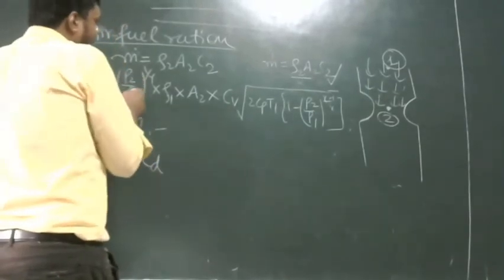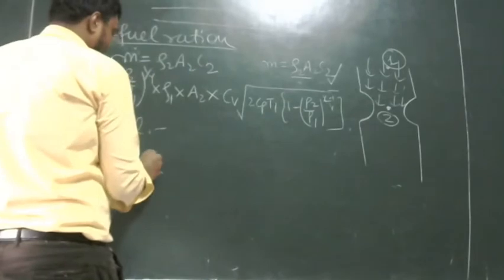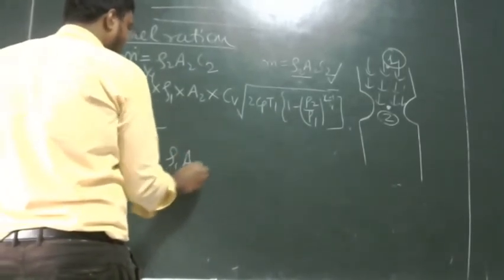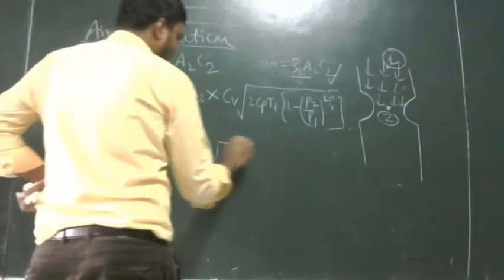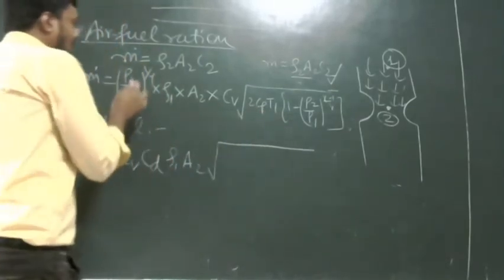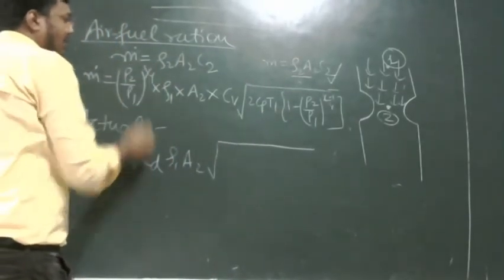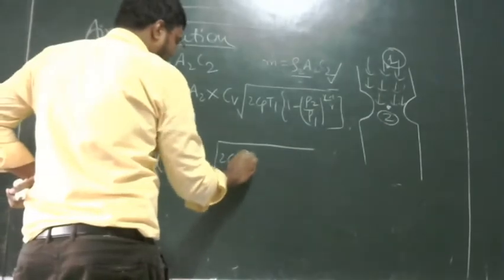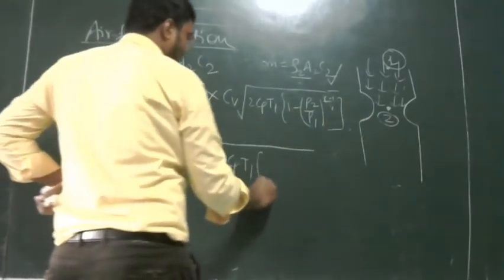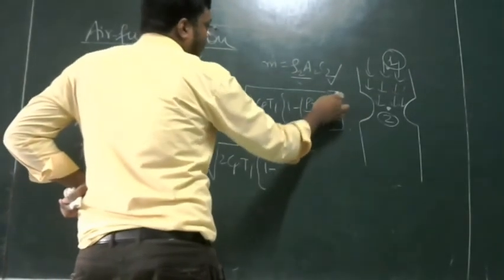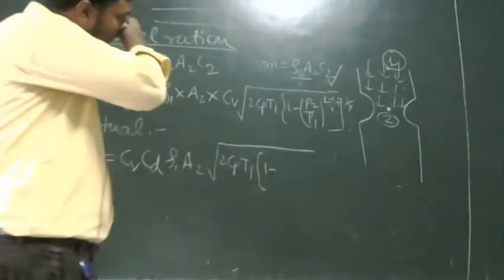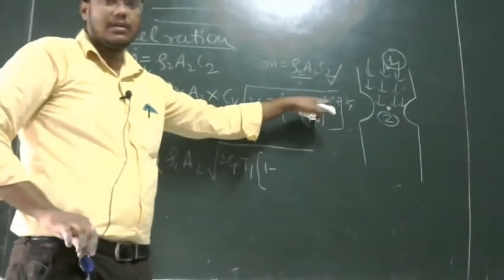And this P2 by P1 we can transfer inside this under root. Within bracket, when we transfer this P2 by P1 inside the under root, then it will get squared, so it will become 2 by gamma. 2 CPT1, and sending this 2 by gamma inside with P2 by P1, we get 1 minus P2 by P1 to the power gamma minus 1 by gamma plus 2 by gamma. So 2 minus 1 becomes gamma plus 1.